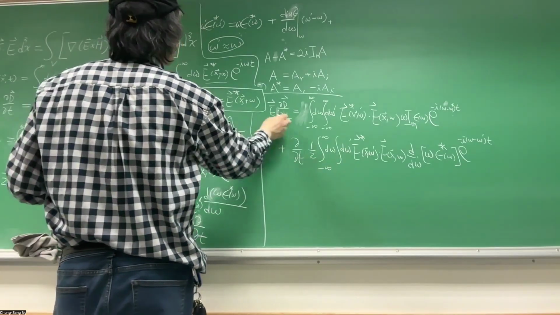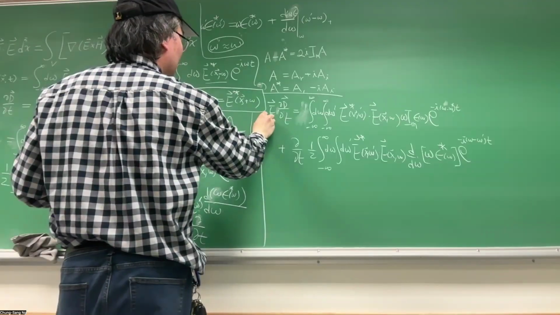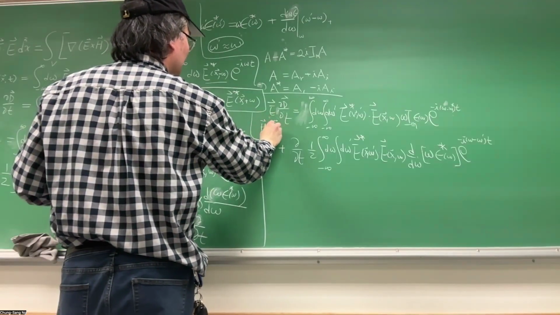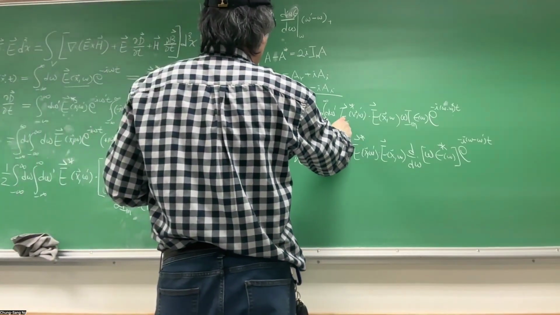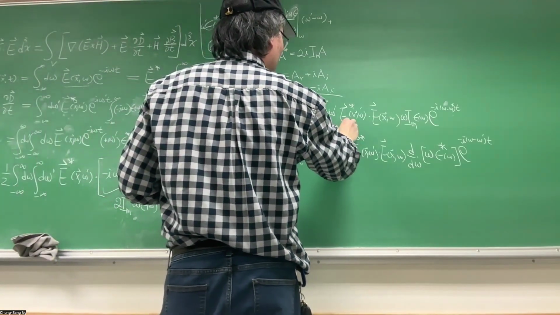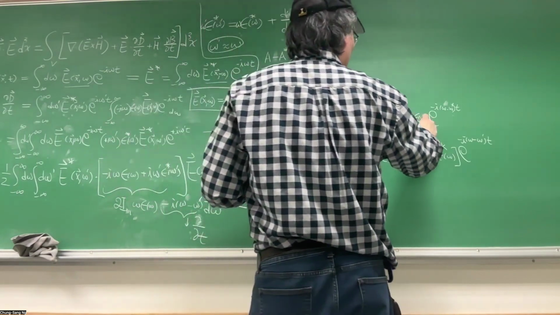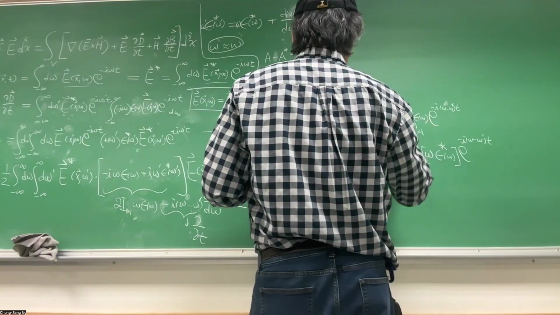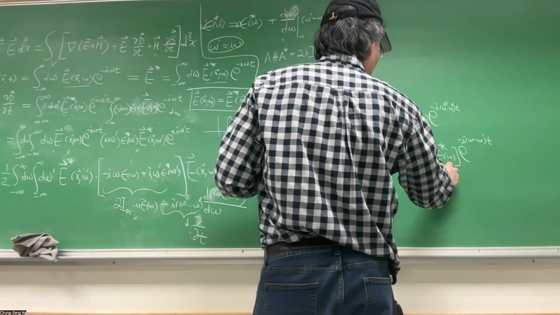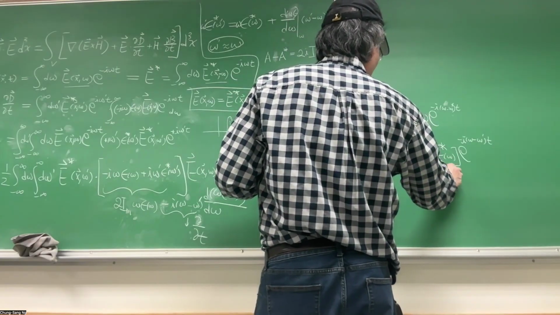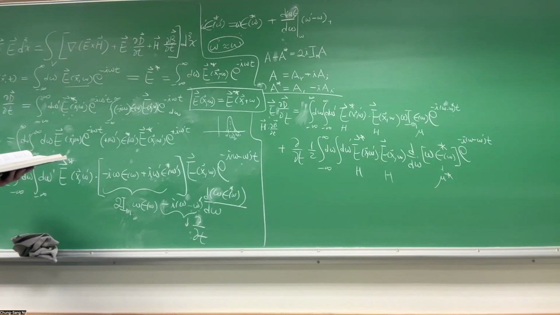So if you want to do it more explicitly, for H dot partial B partial t, for this term all you need to do is E will be H, this will be H, this will be H. And epsilon becomes mu, and this will be H, this will be mu. And then you add the two.